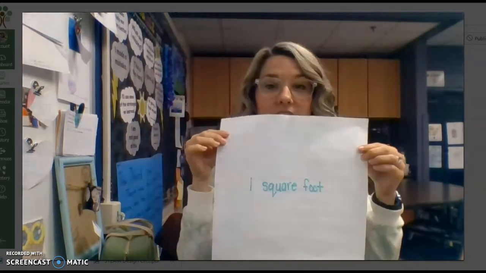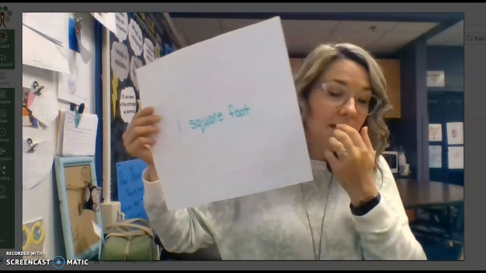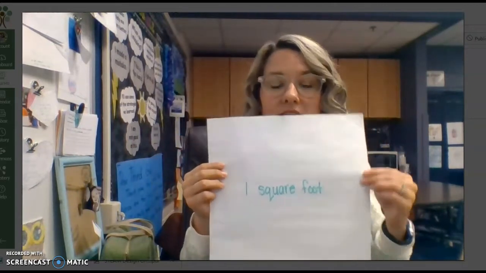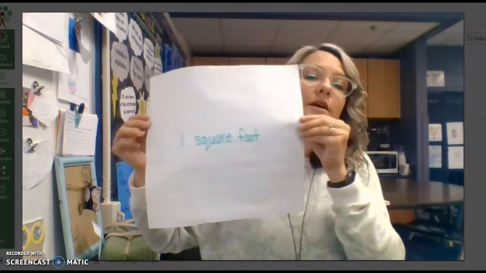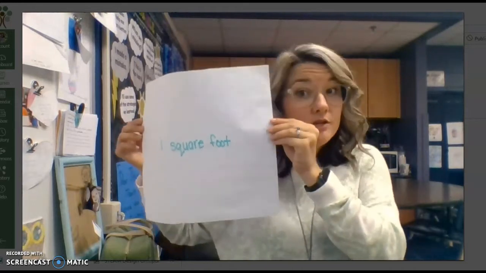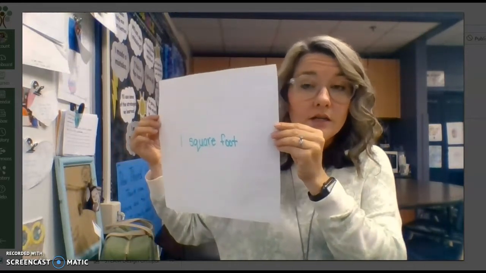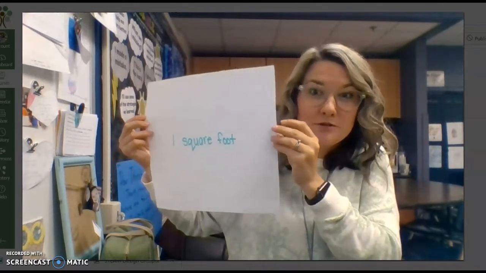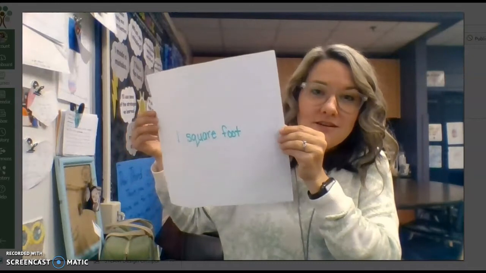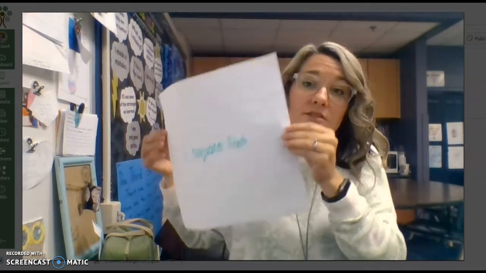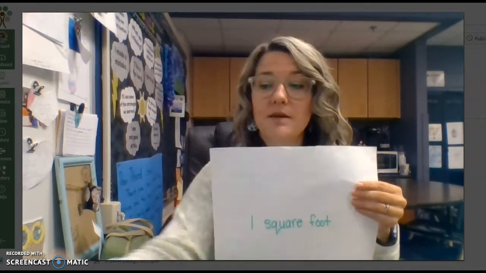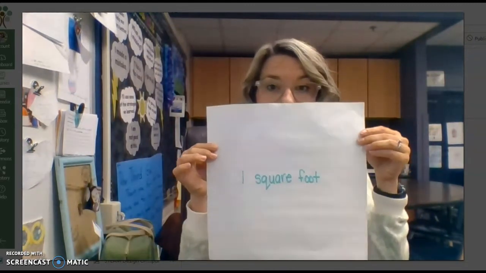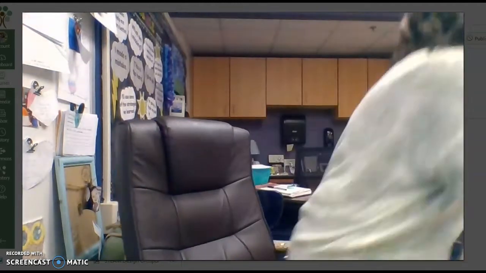And this may look very familiar, especially if your classroom has square tiles on the floor. Each square tile measures 1 square foot. So could we use these to measure for a new rug? Yeah, I kind of gave you a hint there when we were talking about the square tiles on the floor. Some people, when they're talking about area, measure in square inches. They measure in square feet, and I've got one more to show you.